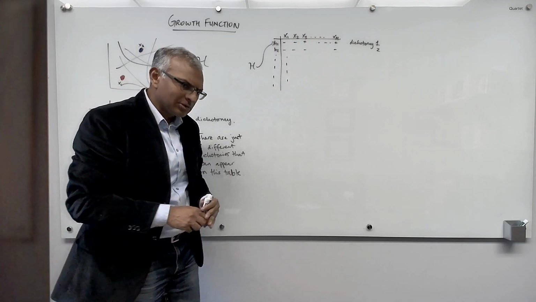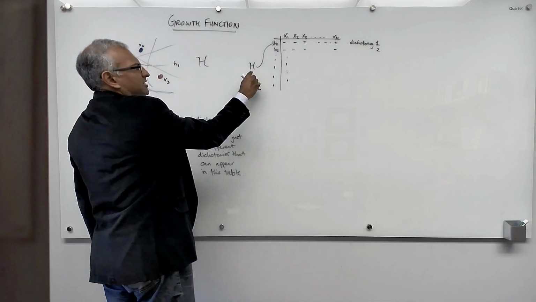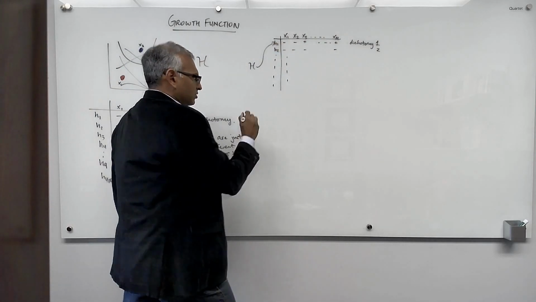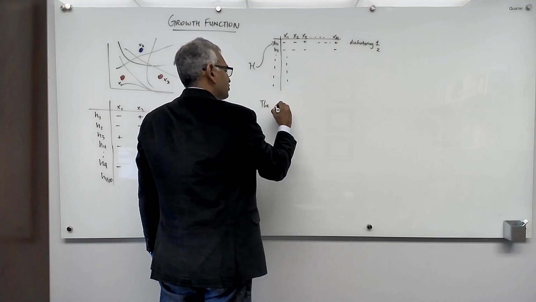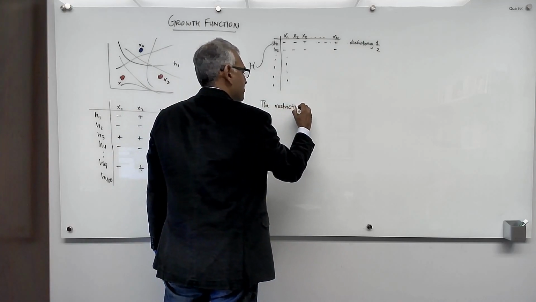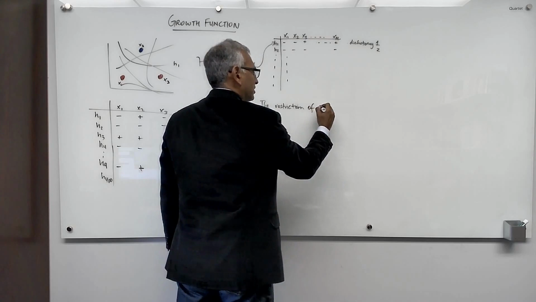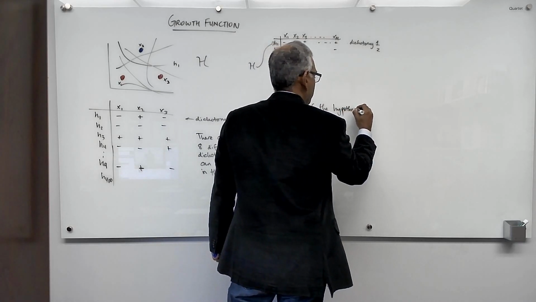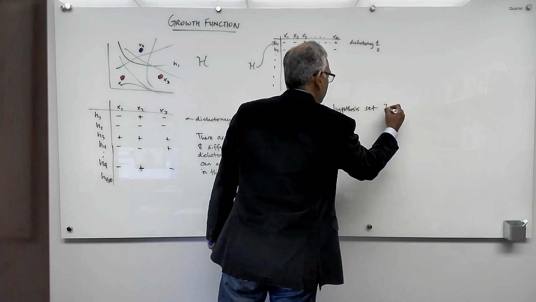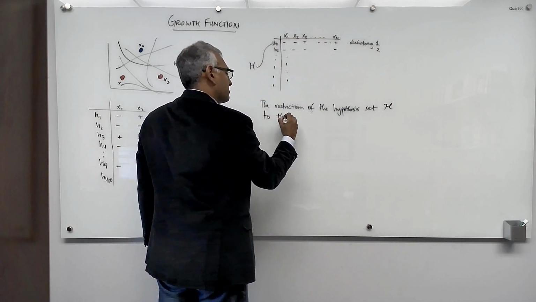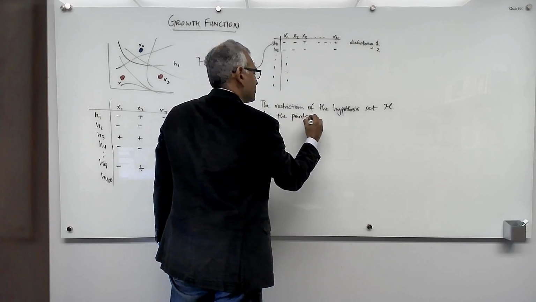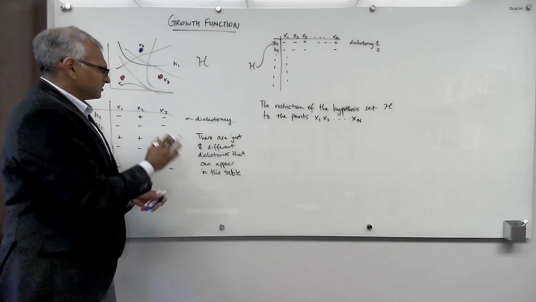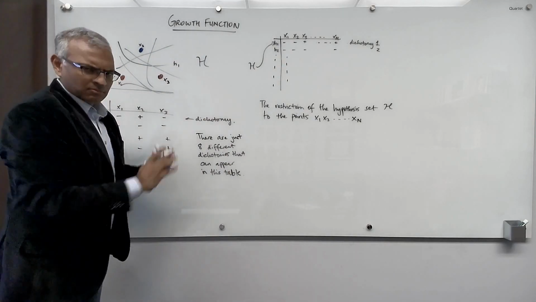Okay. So let us define the hypothesis set H restricted to the data points x1 to xn. We're going to define the restriction of the hypothesis set H to the points x1, x2 up to xn. This discussion basically captures what I'm about to define.